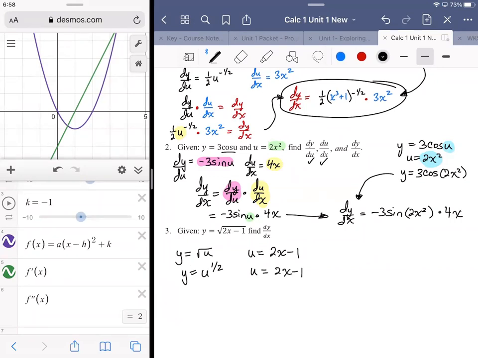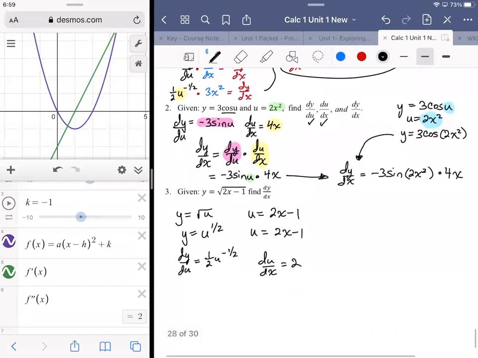Because each equation is differentiable, yes, but also easily differentiable. We could take the derivative in a very easy way. So dy du would be 1/2 u to the negative 1/2. du dx would be equal to just a 2.